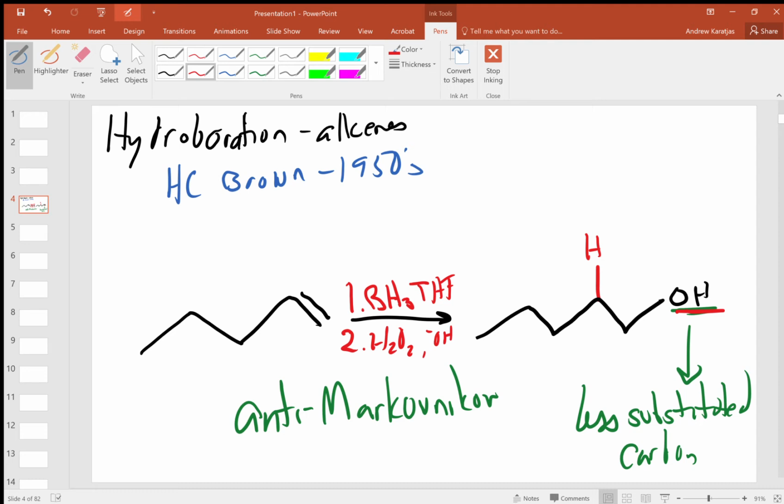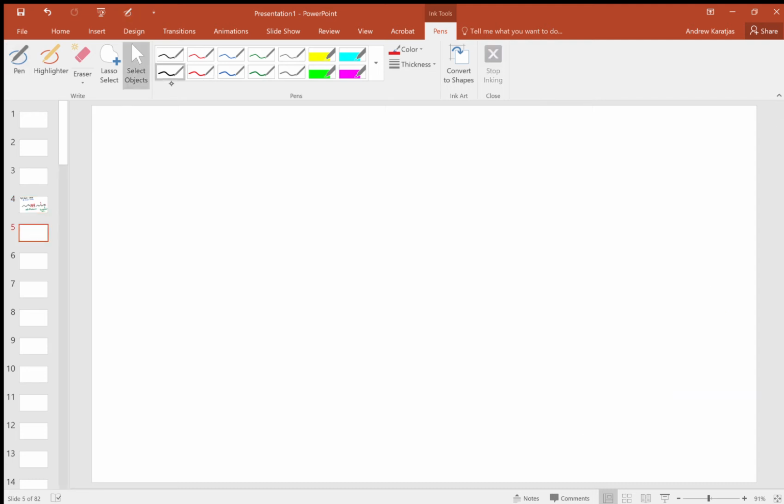Alright, so how does this reaction work? Well, one of the things that's a little bit different about borane than other reagents that we've used is boron has very low electronegativity. In fact, it has lower electronegativity than hydrogen.